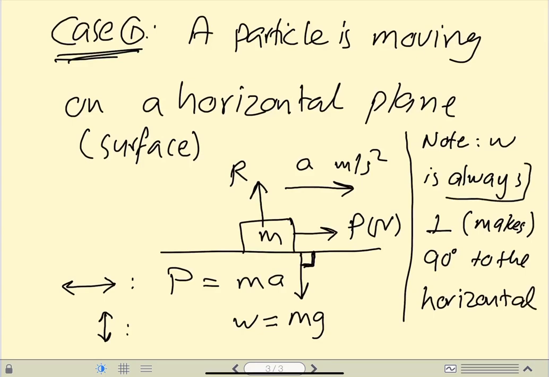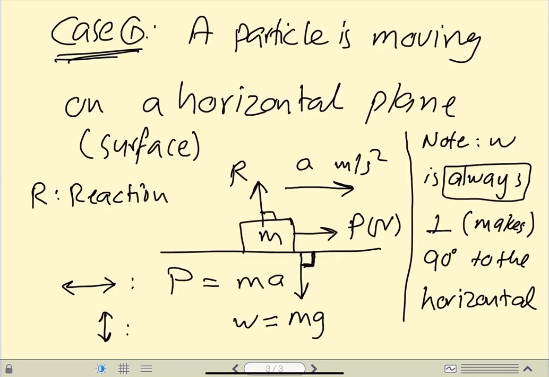Always, my dear students, regarding the case of motion, weight always makes 90 degrees with the horizontal. But R, the reaction, or normal force, is perpendicular to the surface of motion.